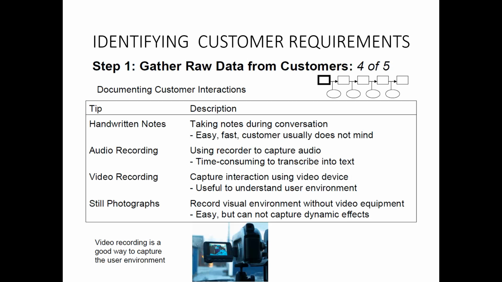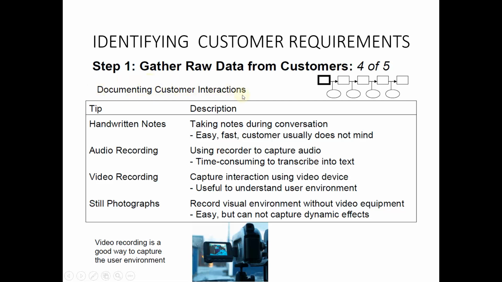After we gather the raw data, we need to document the customer interactions. Document in the sense we need to keep it as a record for further uses, for future reference. So it can be handwritten notes, audio recording, video recording, or still photographs. All these are different methods by which we can record how we are interacting with the customer.